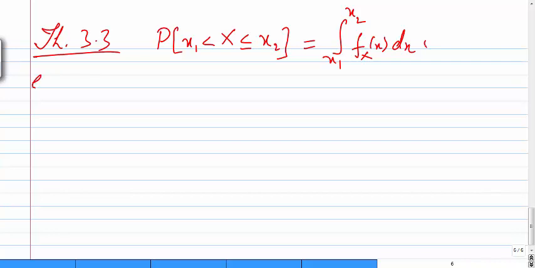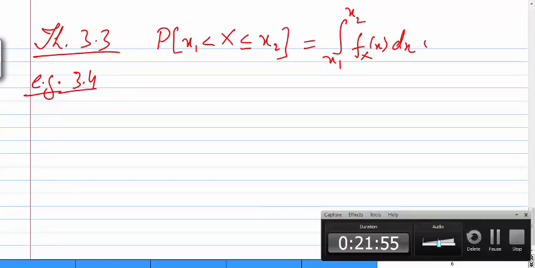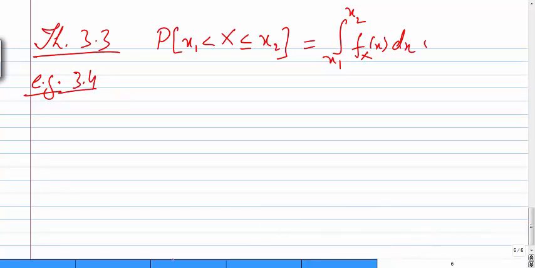Now let's do an example here. Example 3.4 says that for an experiment, the PDF of x and probability of the event, taking the derivative of the CDF in this equation. Okay, let me go to example 3.1.